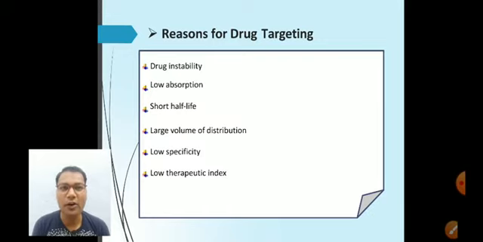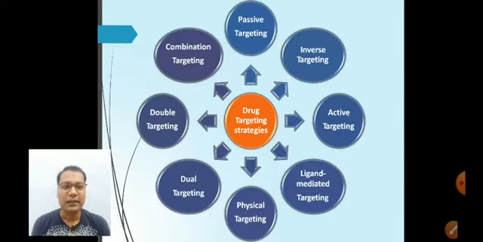That's why nowadays we choose drug targeting carriers to target the cells or tissues by delivering the drug through a carrier system or targeted carrier system. There are various drug targeting strategies: passive targeting, inverse targeting, active targeting, ligand mediated targeting, physical targeting, dual targeting, double targeting, and combination targeting.